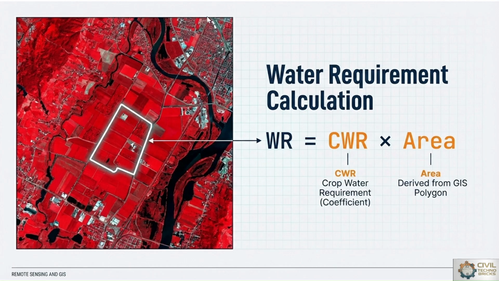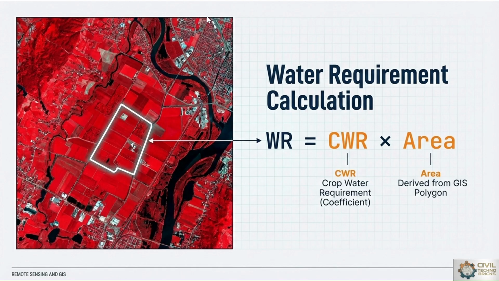By using satellite imagery to identify crop types and their growth stages, land use land cover analysis is used to monitor. By combining with meteorological data, we can check the evaporation or evapotranspiration, so we can calculate exactly how much water is needed in each specific zone.